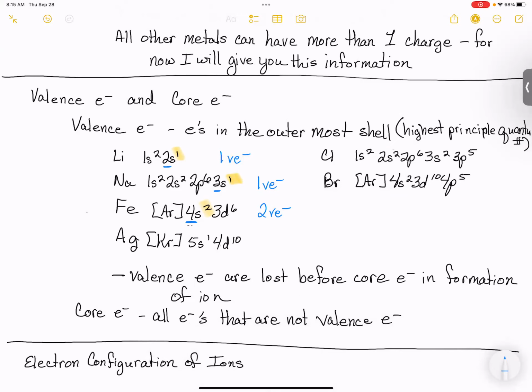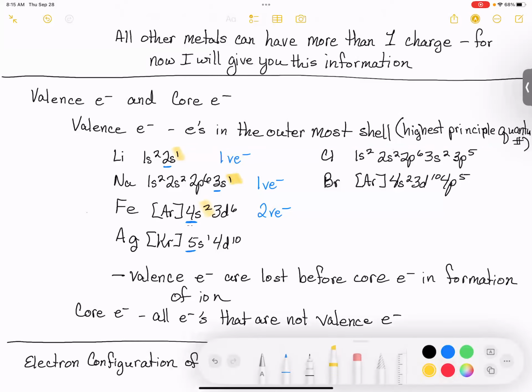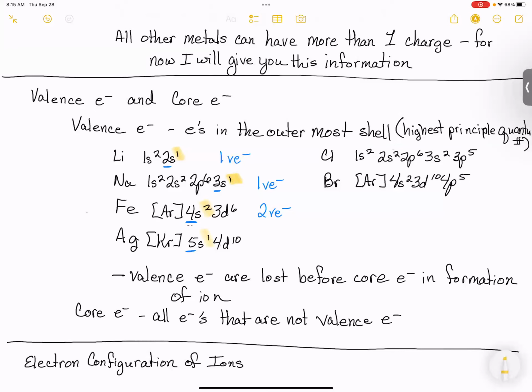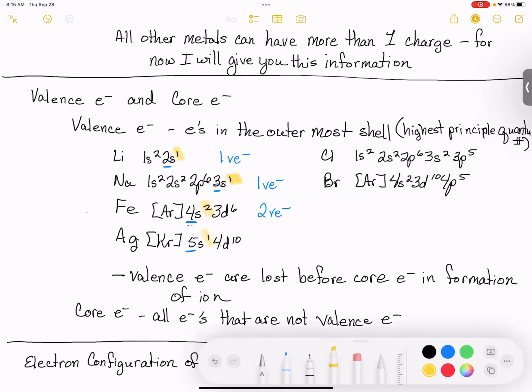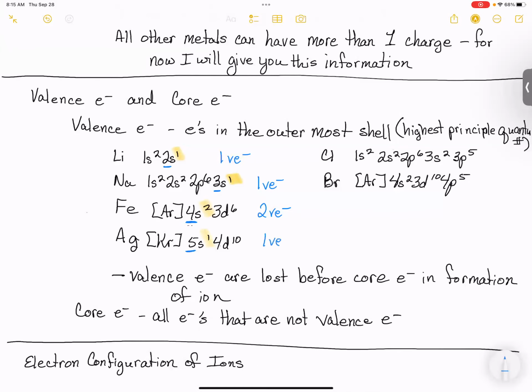The exception to that rule is group 6 and group 11, which I went over the other day as anomalies. If you look at silver, for instance, its electron configuration is [Kr] 5s1 4d10, so it actually only has 1 valence electron. So the anomalies tend to have only one valence electron, but all of the other transition metals typically have two.